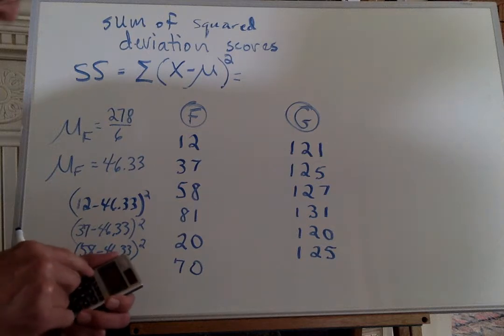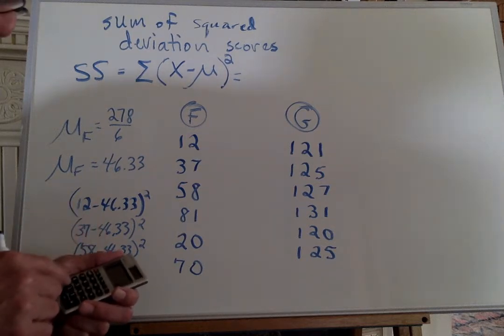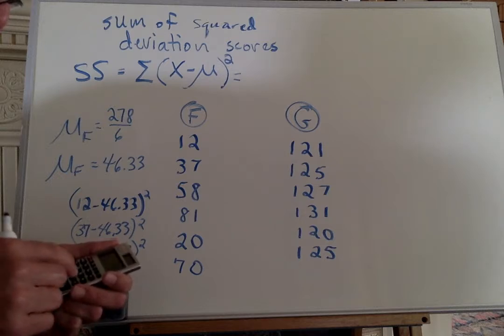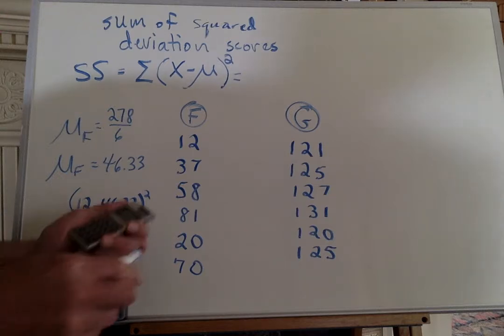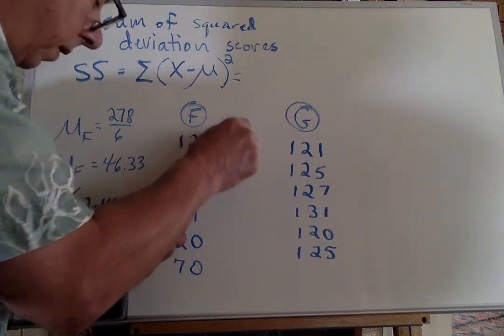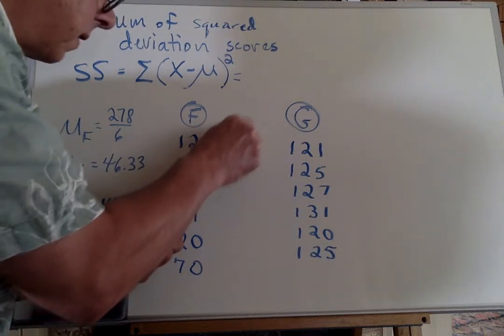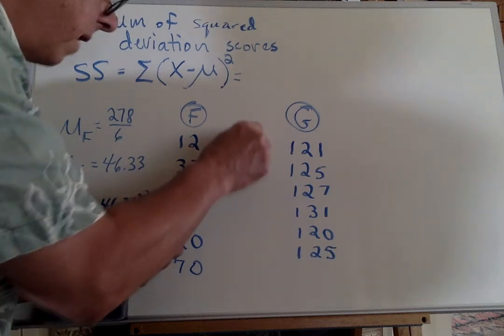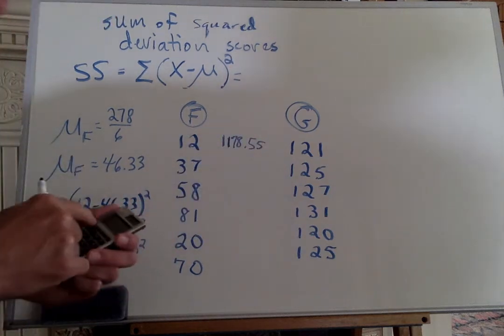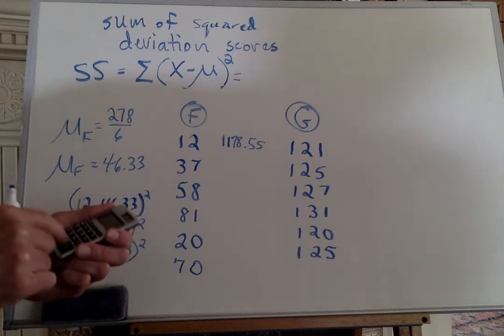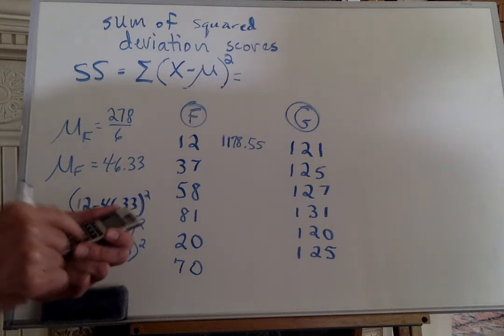And let's calculate this. Okay, 12 minus 46.33 equals. Oh my goodness. So 1178.55. Everybody with me? Okay. 37 minus 46.33 equals.